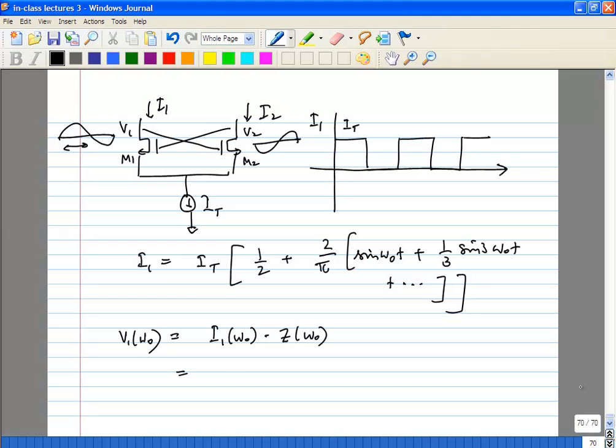So what is this? 2IT by pi times RP by 2. So this is your amplitude on the left side. Is that clear to everyone? It's pretty straightforward, right? And of course the amplitude on the other side is also going to be the same thing except equal and opposite.